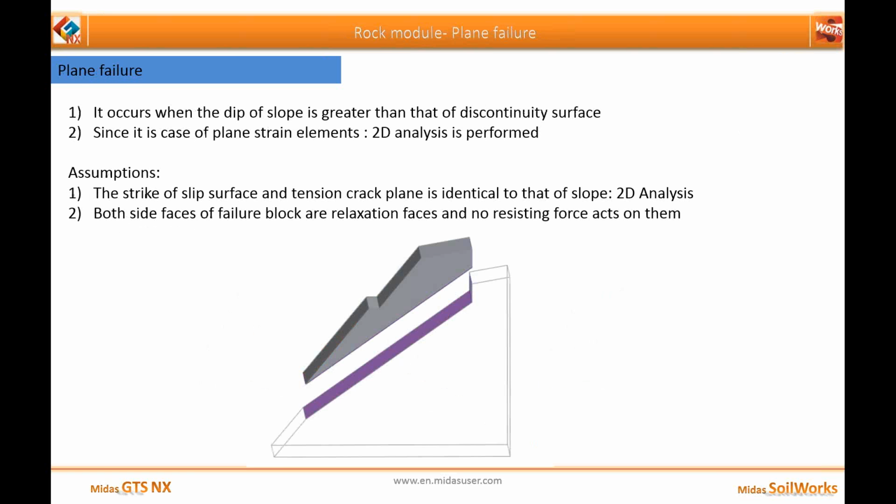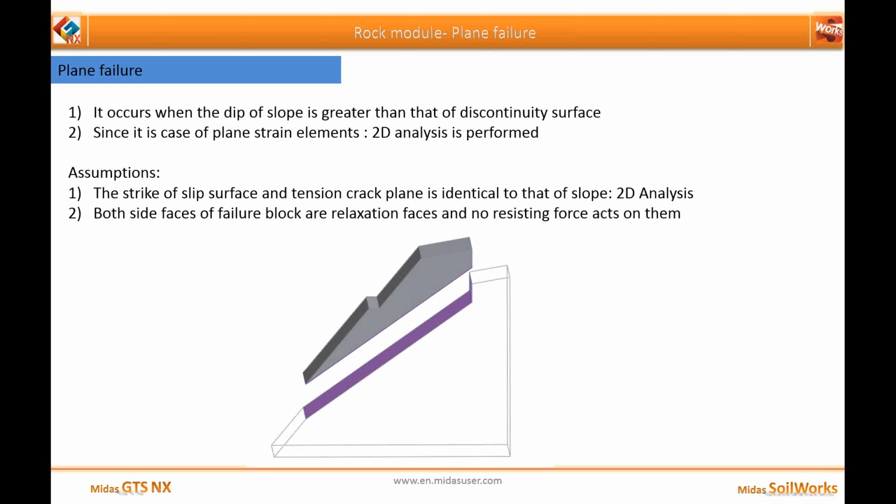Now, what is plane failure? It occurs when the dip of slope is greater than that of the discontinuity surface. Since it is a case of plane strain problem, as I discussed previously, it will be a 2D analysis.